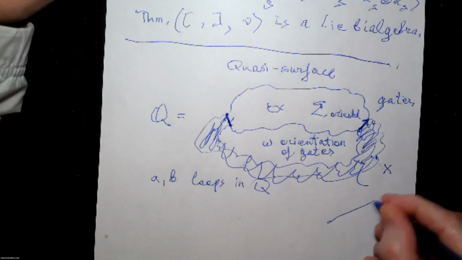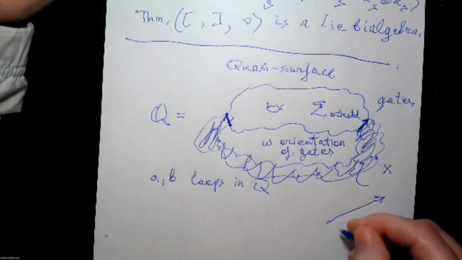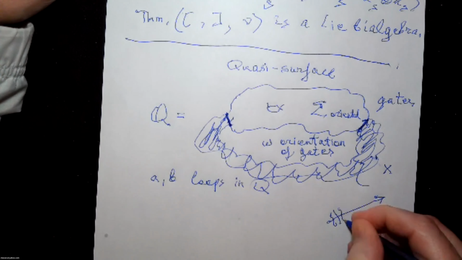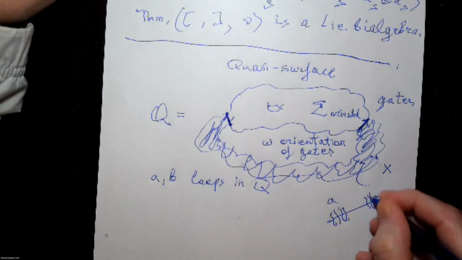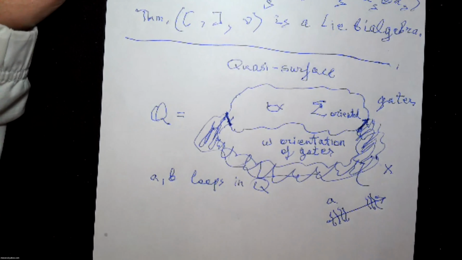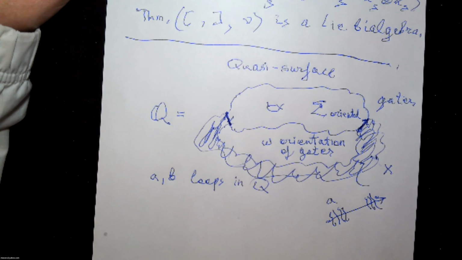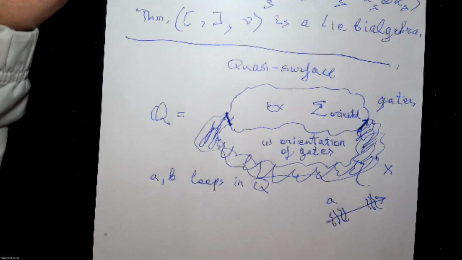So basically near every gate, A goes like that at the beginning, and B goes like that near the endpoint. All right.